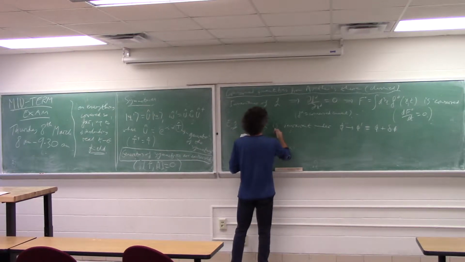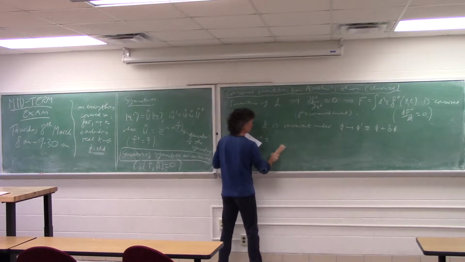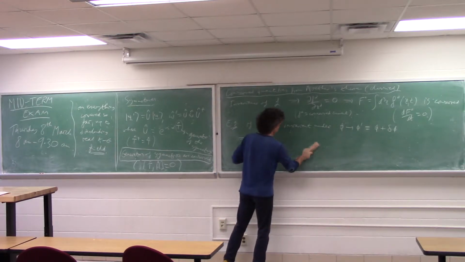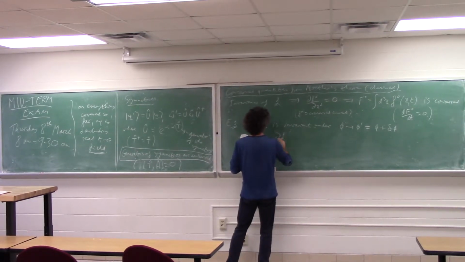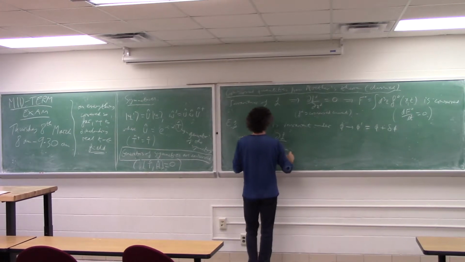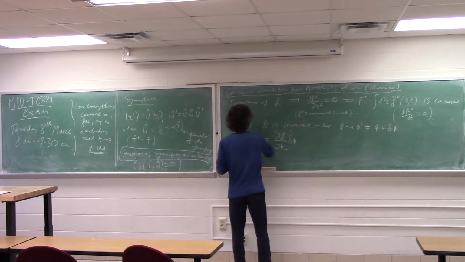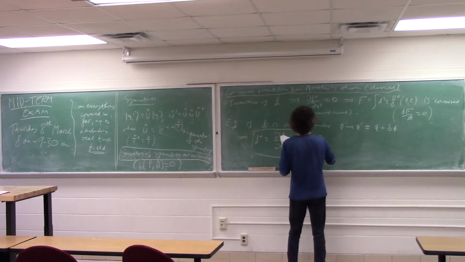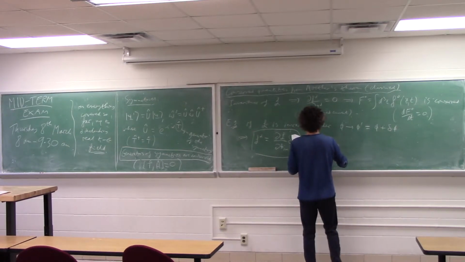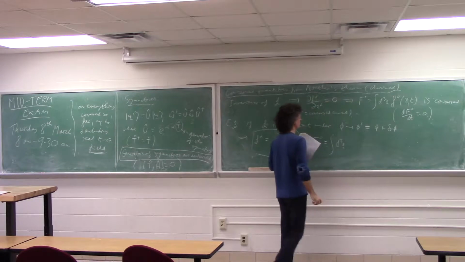This blackboard is full of quantum noises. So this quantity here is a conserved current. And so in particular, F0 is equal to the integral over all space.